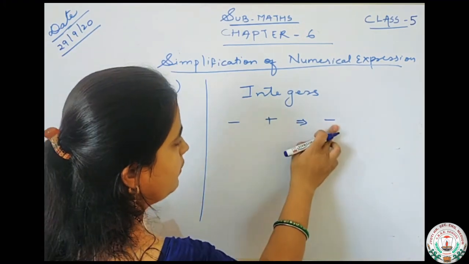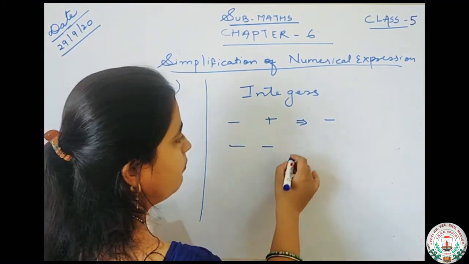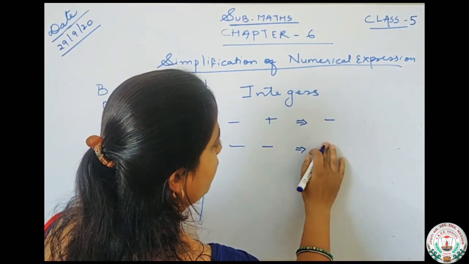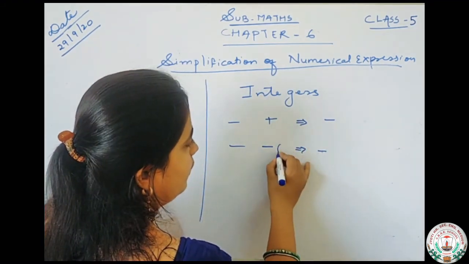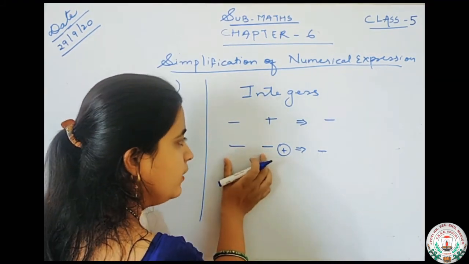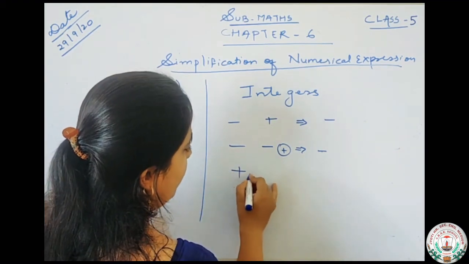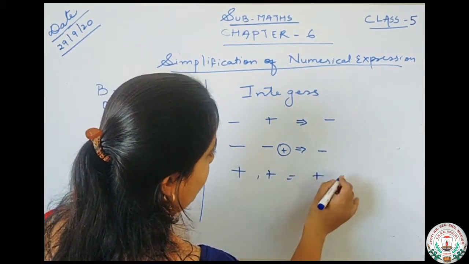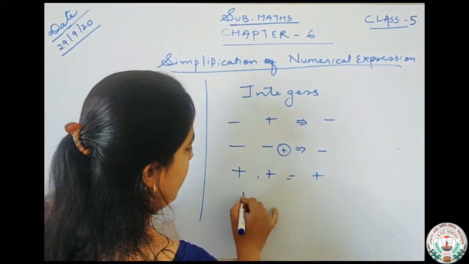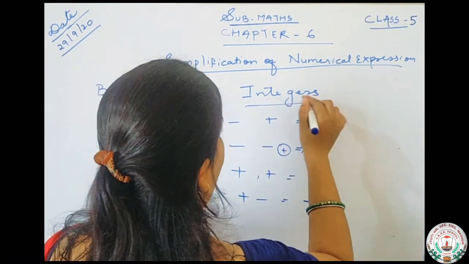Minus plus is minus. Minus minus is addition, but you will put the sign of subtraction. This means minus minus means plus. You have to add this, but you will put the sign of subtraction. Okay. Plus plus is plus. Plus minus is also subtraction. So this you have to remember.